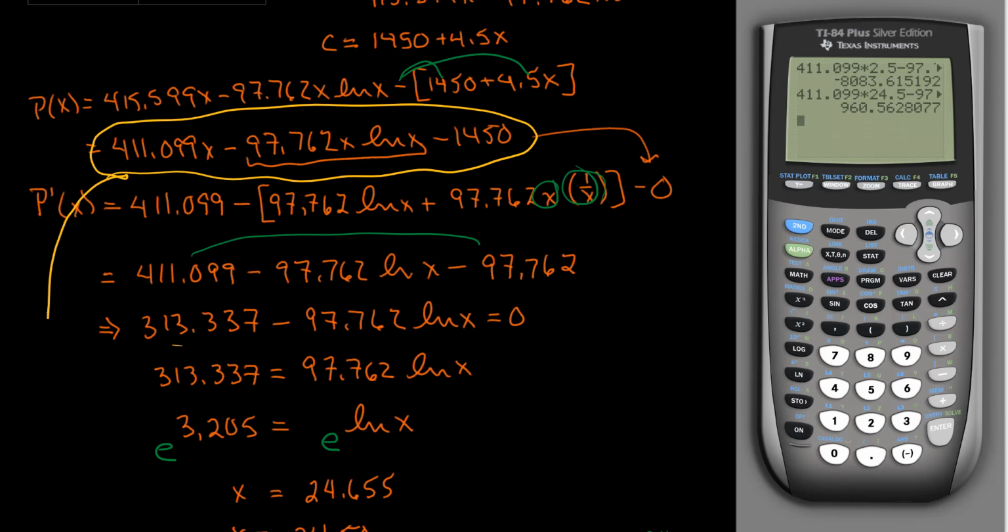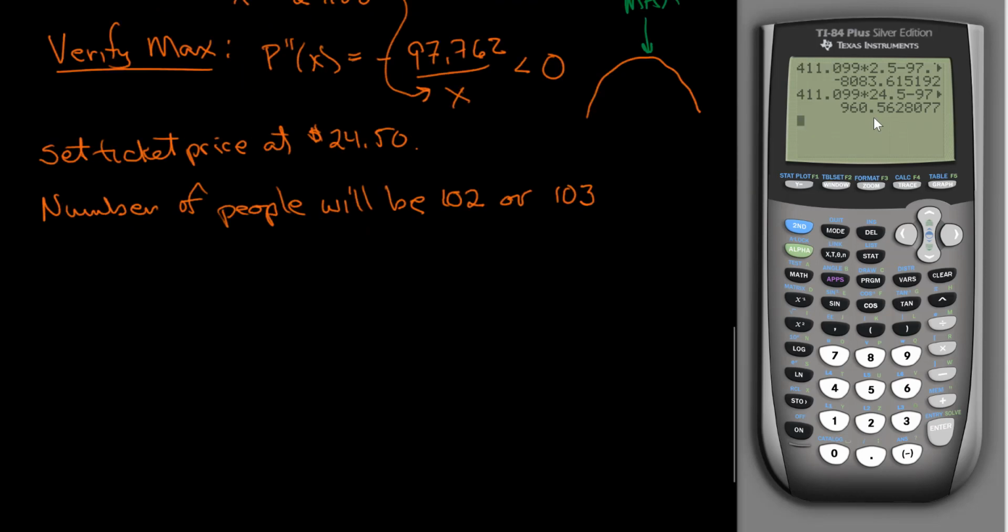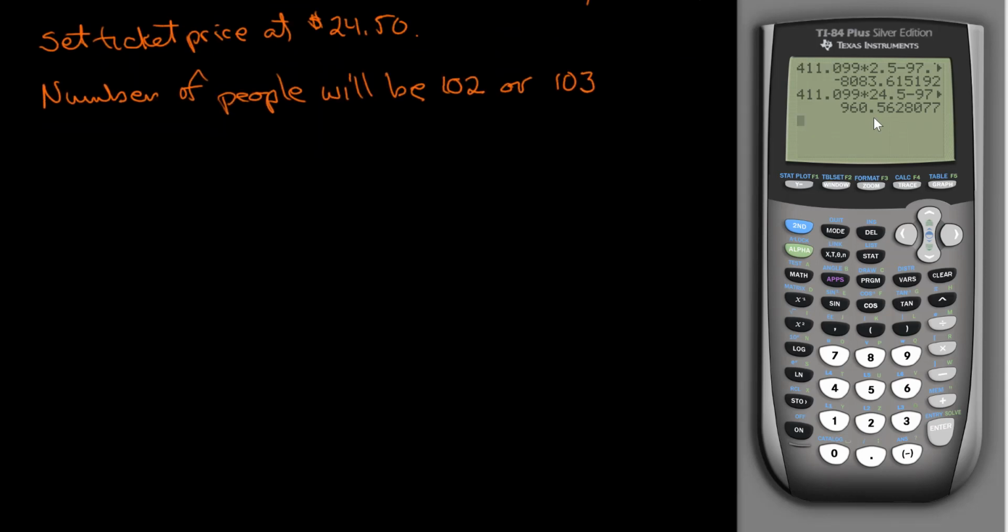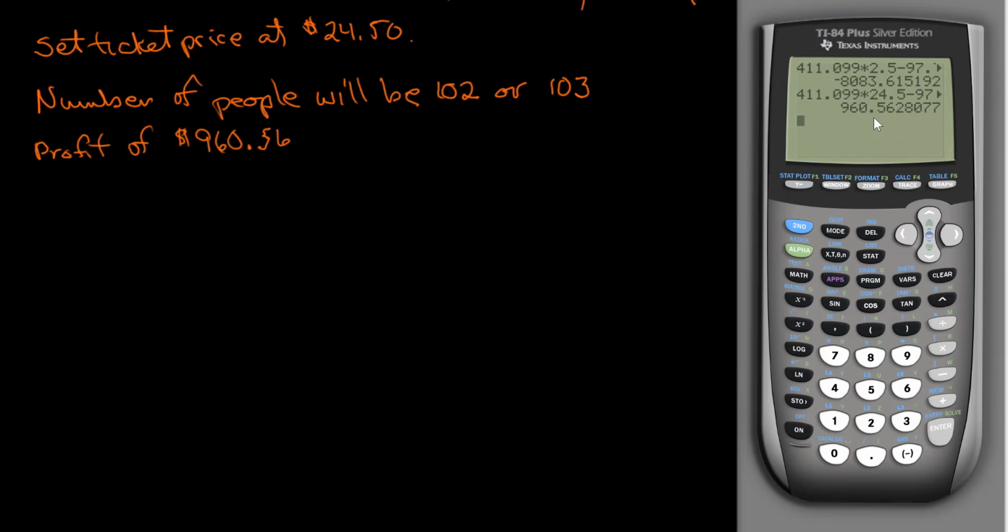Okay, so when I put the equation in for the profit with the ticket price of $24.50, I'm going to sell about 102 of them. You can see here that we wind up with a profit of, this is after bills are paid, $960.56. That is the process of going through and determining what kind of a price to charge for a ticket to some type of an event to maximize the profit.